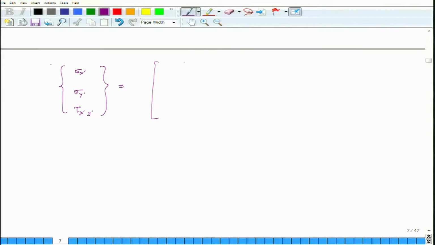So, this is c square, s square, 2 times sc; s square, c square, minus 2 times sc; minus sc, sc, and c square minus s square.